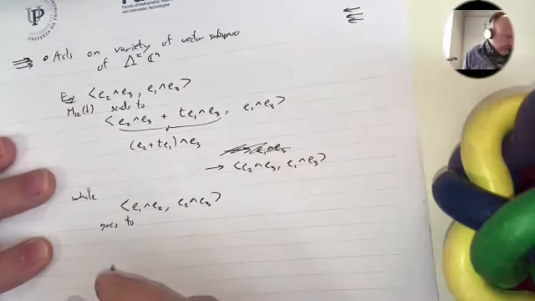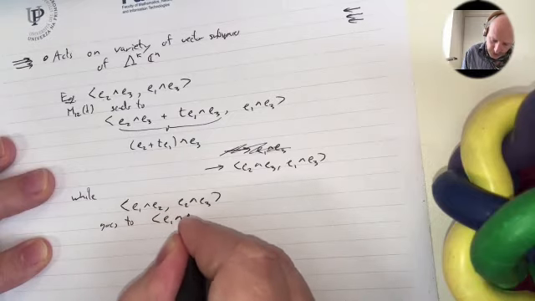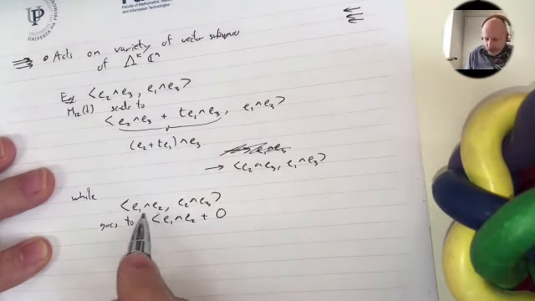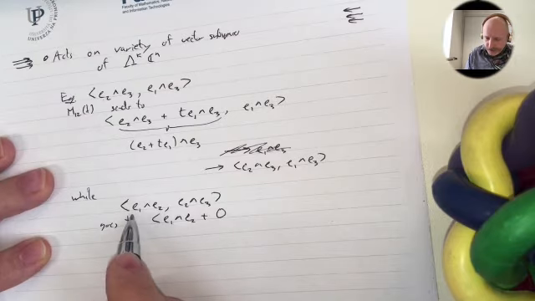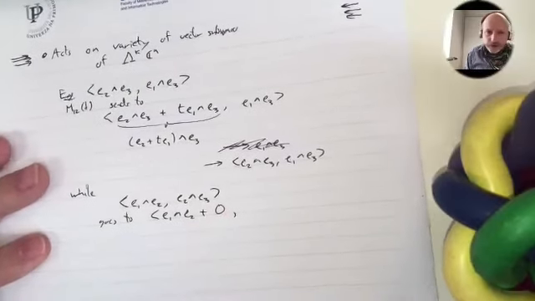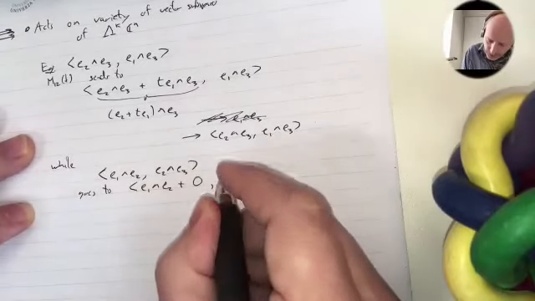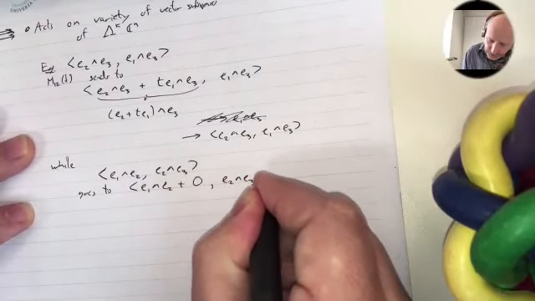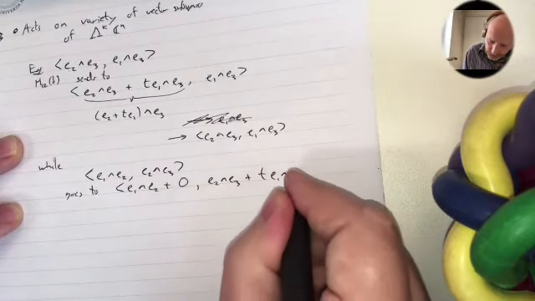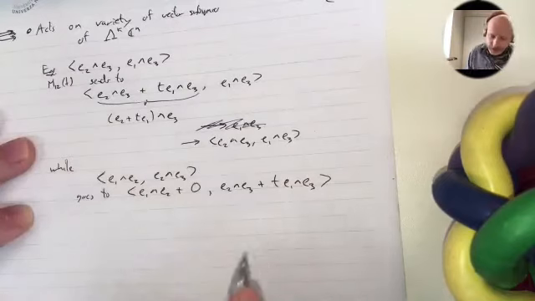This goes under the action to, let's see, E1 wedge E2 plus 0. So E2 goes to E2 plus something times E1, but E1 wedge E1 is 0. So I'm doing a little bit of algebra there. And then this gets sent to E2 wedge E3 plus T times E1 wedge E3. The same calculation is over here.